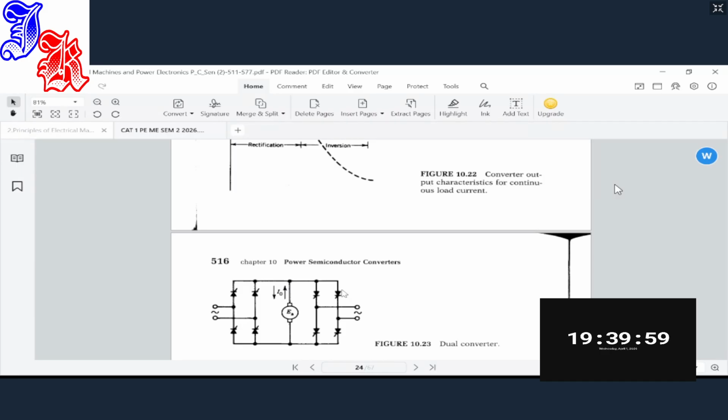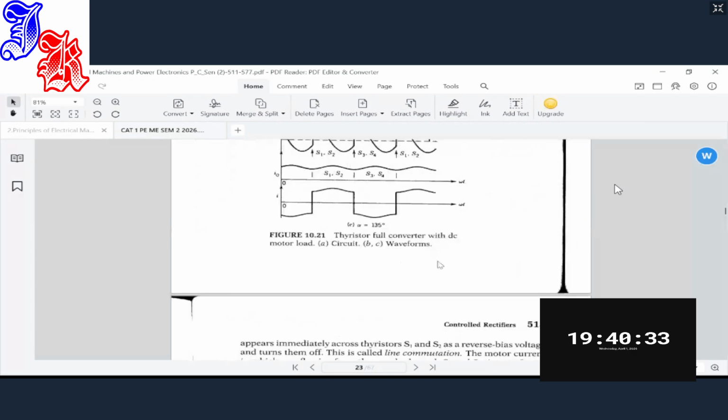Make sure you understand a single diode and a single thyristor, then it will be easy to understand full converters and semi-converters, and the difference between a purely resistive load and a reactive load where we have inductance in place.